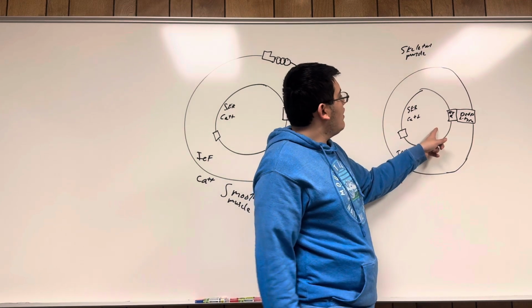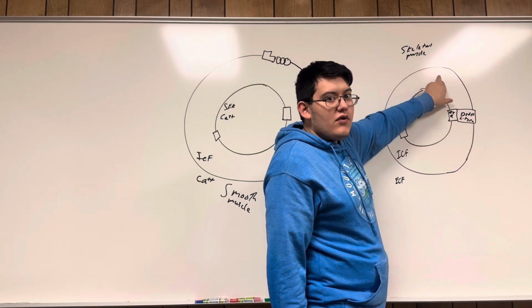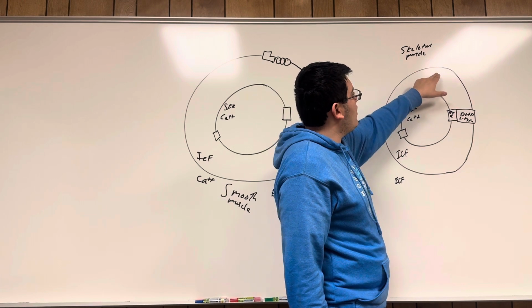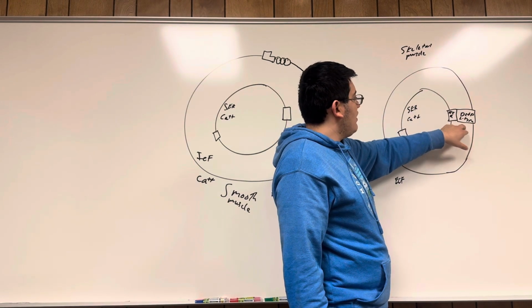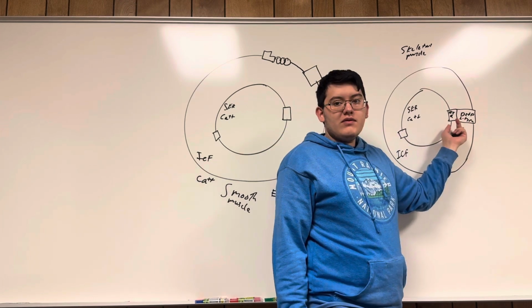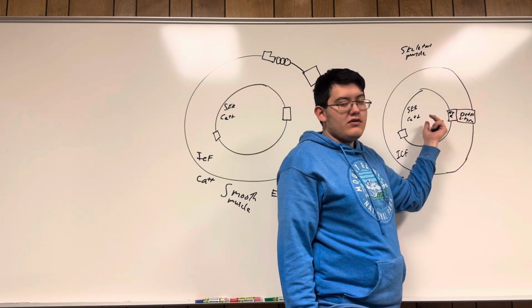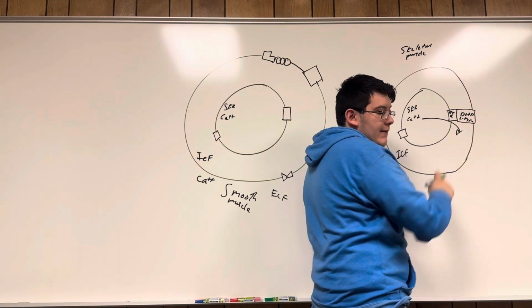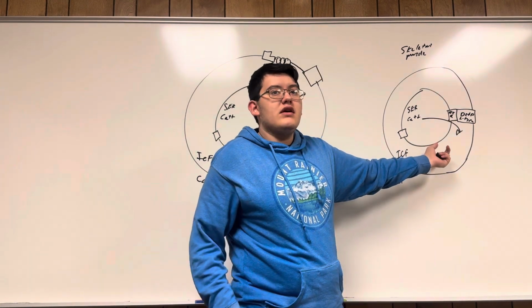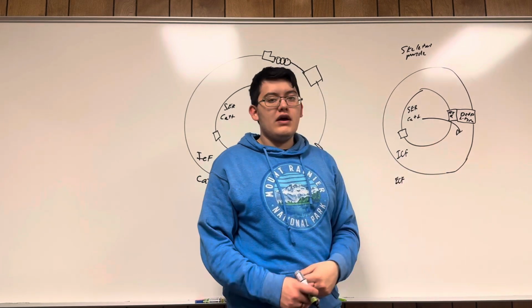So as we talked about before, when the signal from the neuron comes and stimulates the DHP, since it's voltage gated, it opens the RYR, which allows the calcium from here to go inside the cell and cause action potential. And that allows for power stroke to happen.